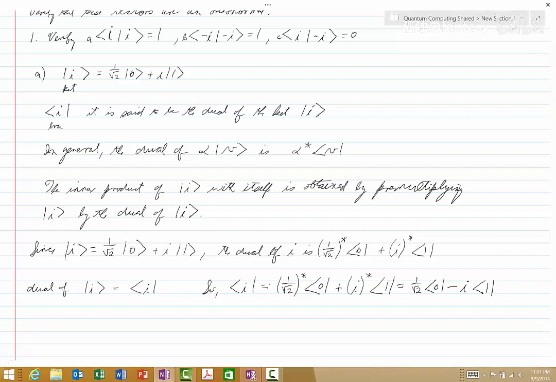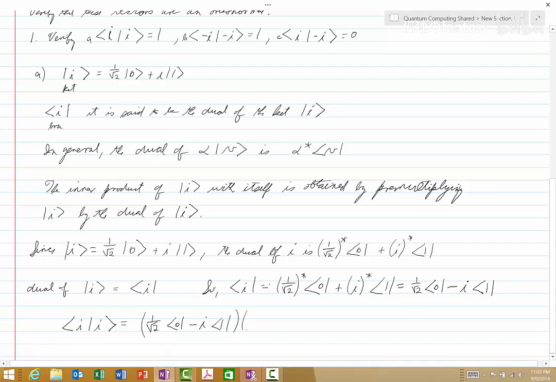And now to get the inner product of I with itself, we said we needed to pre-multiply I by its dual, so we have 1 over square root of 2, bra 0, minus I, bra 1.